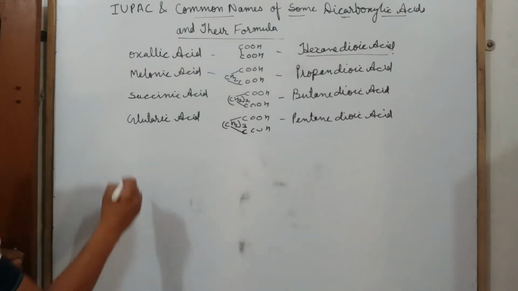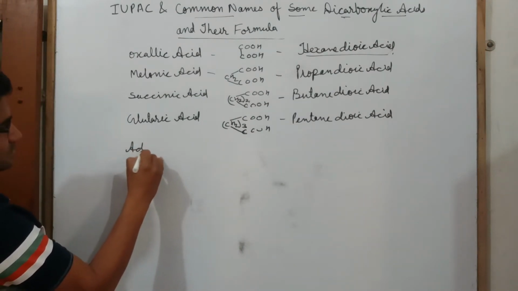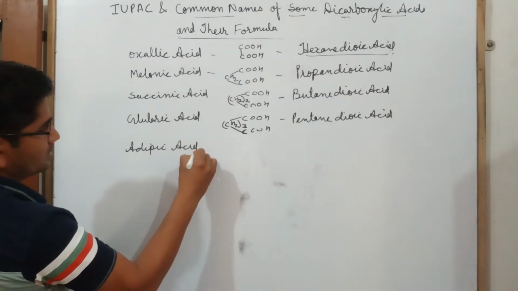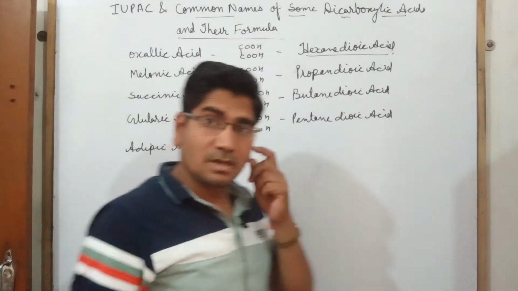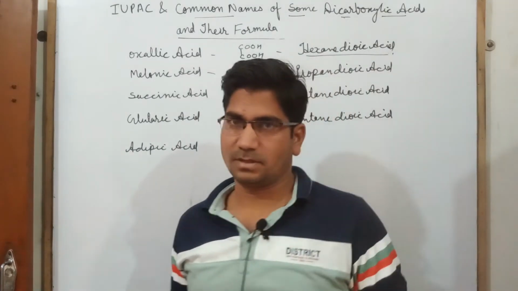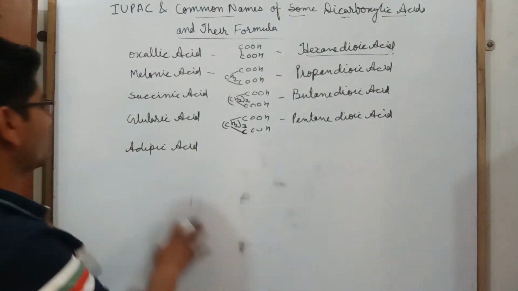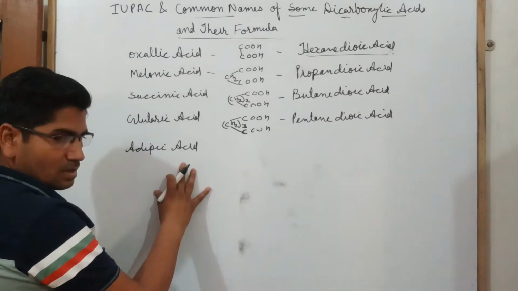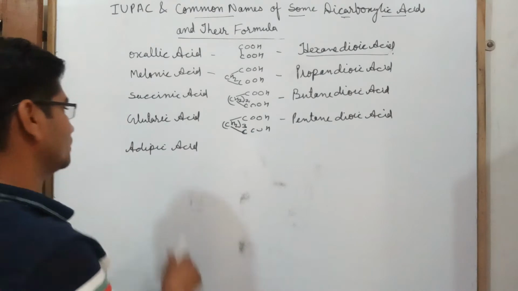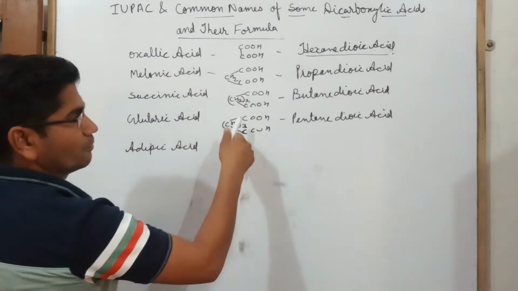Next one is adipic acid. This is the adipic acid which is used to form nylon 66. Total number of carbons in adipic acid is 6, or if we talk about the number of CH2 groups, then the number of CH2 groups in adipic acid will be 4.